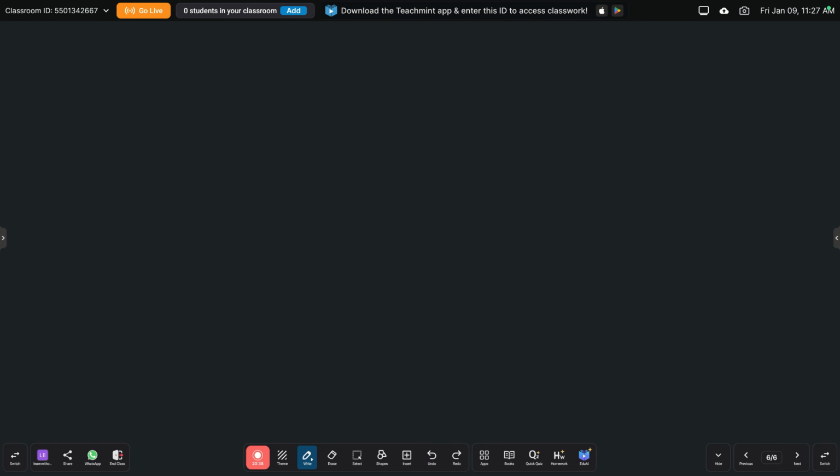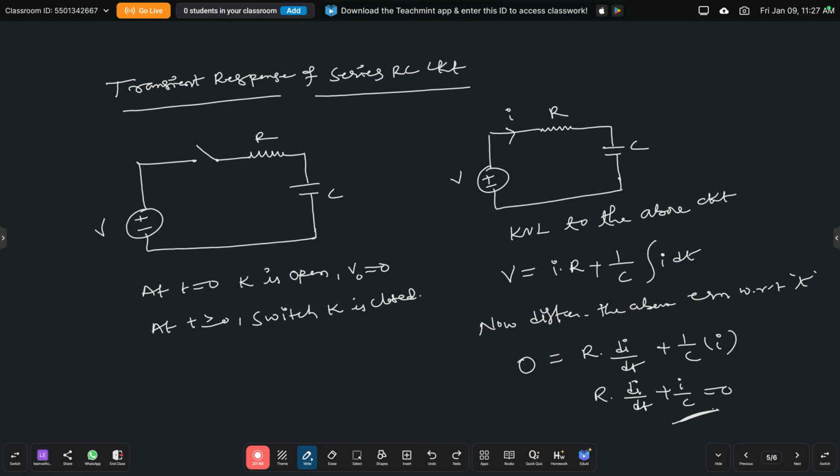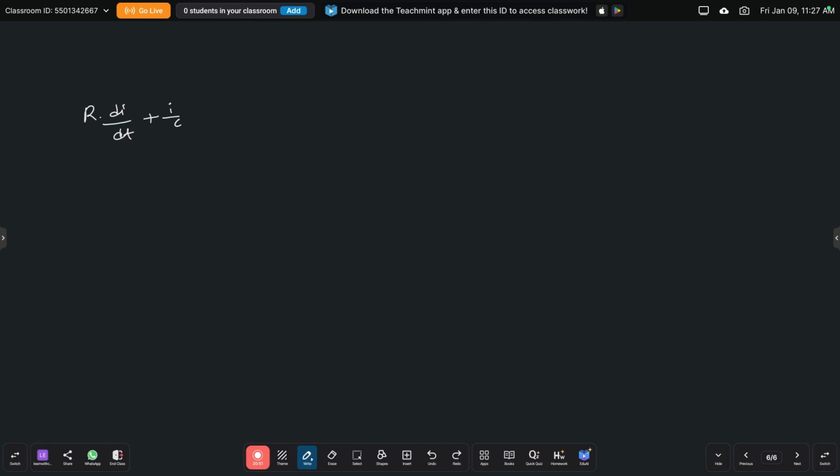We have R into di by dt plus I by C equals 0. Dividing by R, we get R into di by dt by R plus I by C into 1 by R, that is I by CR, equals 0.